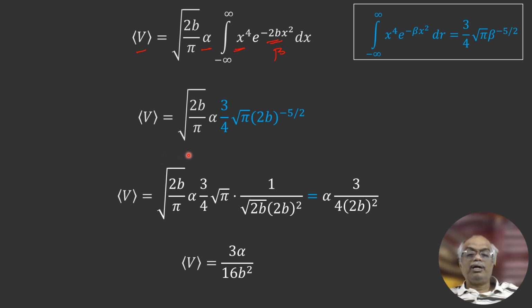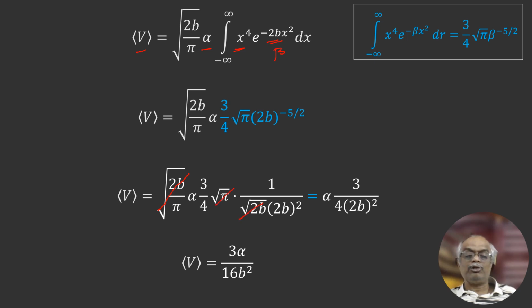Now, what I am going to do is this 2p minus pi by 2, I can write 1 over square root of 2p into 2p whole square. Now, we can cancel some of the parameter. This 2p square root of 2p over pi. So this pi cancels.